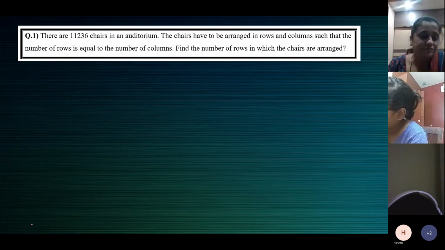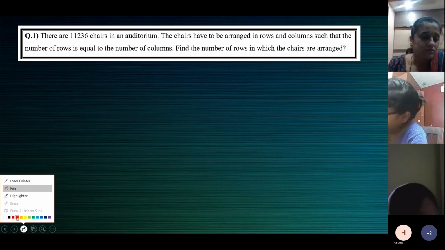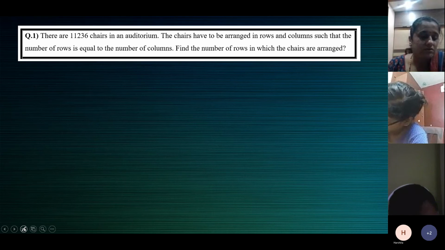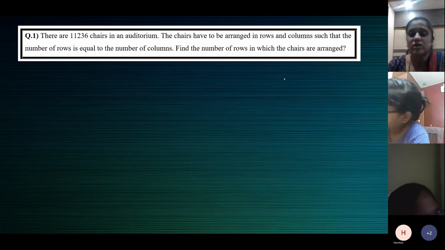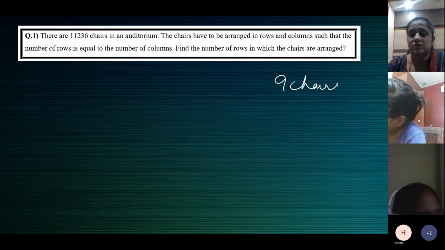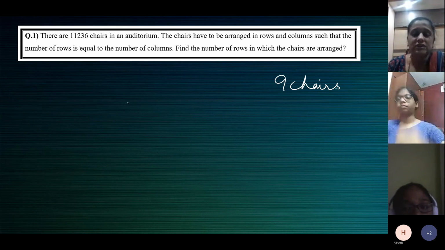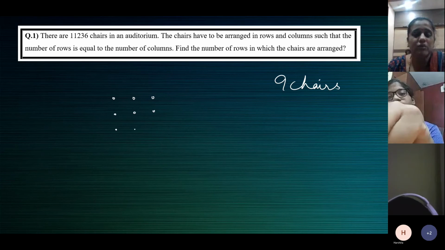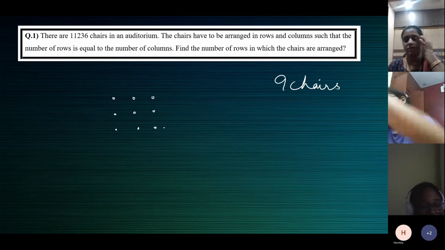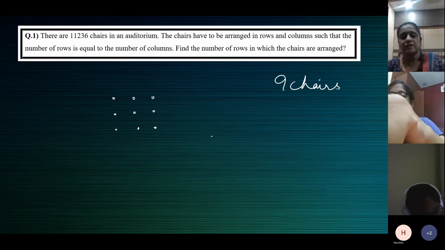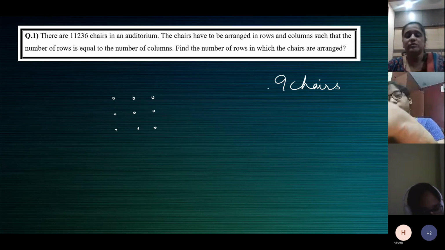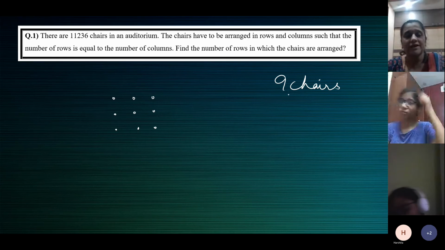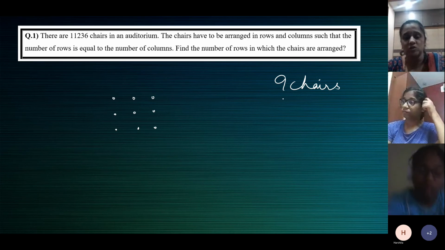Supposing you have 9 chairs. How will you arrange them in equal number of rows and columns? You will make 1, 2, 3, 1, 2, 3, 1, 2, 3. So supposing we have 9 chairs and you have to arrange them in equal number of rows and columns.